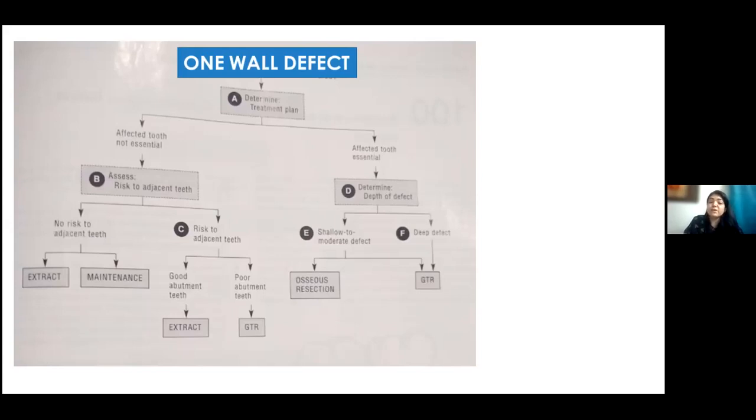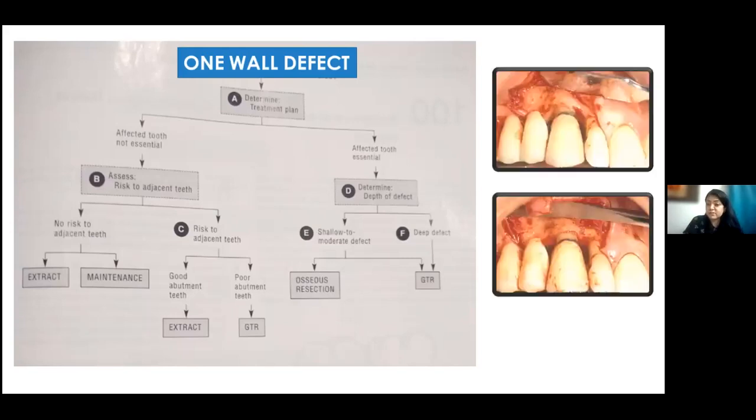In hemiseptal defects, in a 3-wall defect and 2-wall defect, your prognosis is good and fair, so there you can do regeneration or resection. But in a 1-wall defect, you really have to see whether you need to retain this tooth or not. If you need to retain it, then you see the depth of the defect. If the defect is shallow, you can do osseous resection. If the defect is deep, you can do guided tissue regeneration.